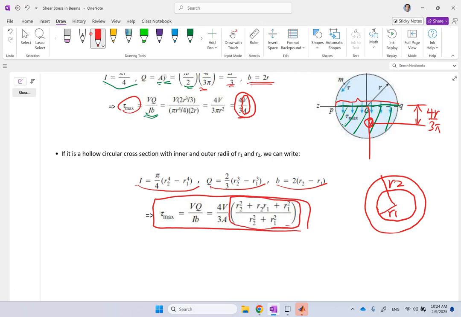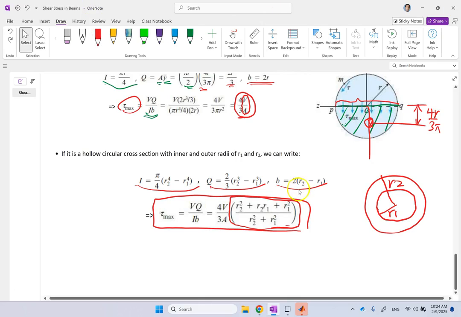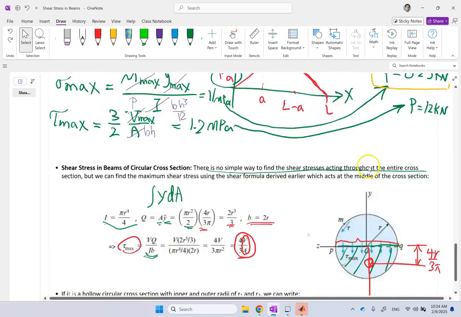Now, if r1 is 0, you get back to this whole ratio being 1, right? If r1 is 0, look at it, you get 1. But if r1 is not 0, this ratio is not going to be 1. So it's going to be 4/3 tau average times this ratio, which depends on r1 and r2. So that is for a circular cross section that is hollow.